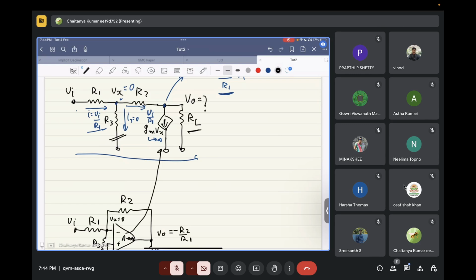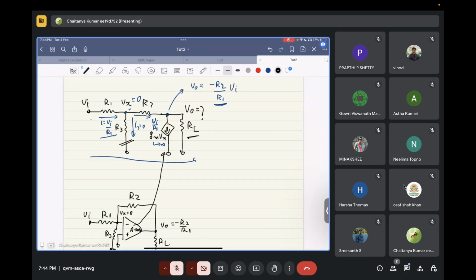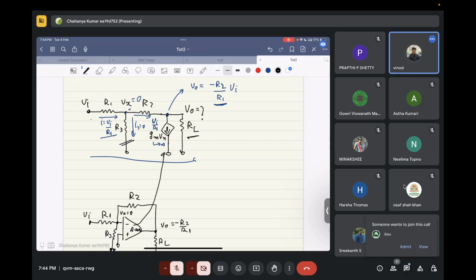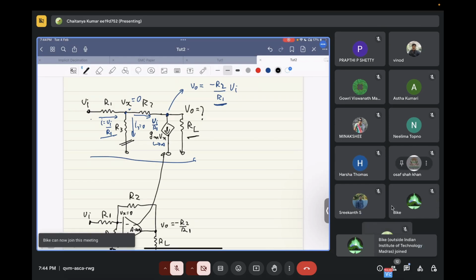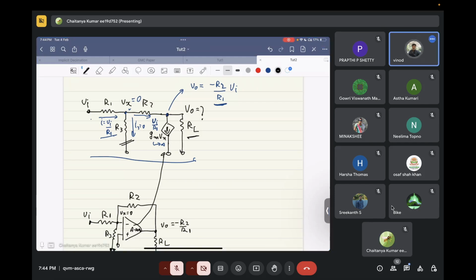Now, you might think about what you have studied as an op amp till now. An op amp is what kind of controlled source? Voltage controlled voltage source. But here, what I did is I made an op amp through a voltage controlled current source.